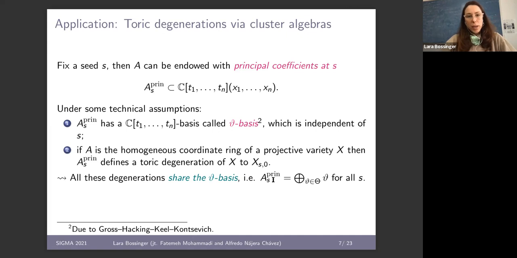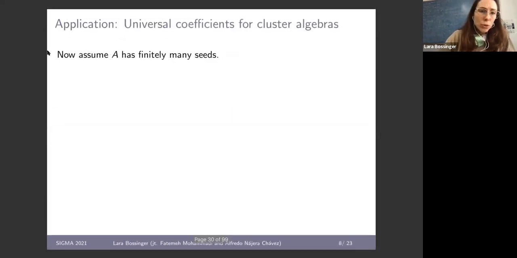So as a vector space, all these algebras with principal coefficients are isomorphic to the direct sum of all the theta basis elements. Neglecting the coefficients here, this is a statement over C[T1, ..., Tn].